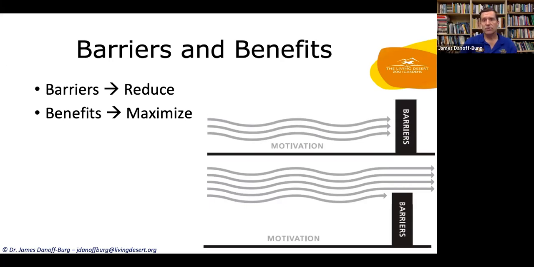So even with the same price of the cheetah dog adoption, we can maximize the benefits. Ideally, we do both. Right? Ideally, we reduce the barriers and we increase the motivation so that the barrier to adoption is so insignificant that the behavior change will flow.